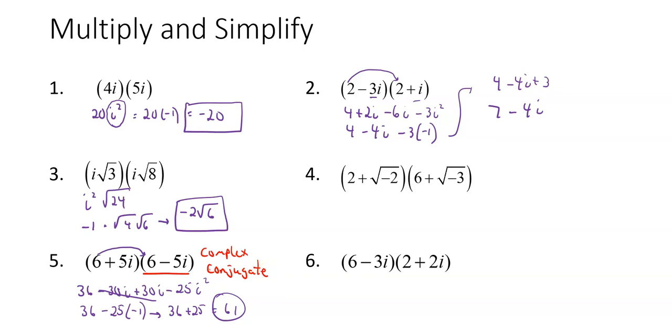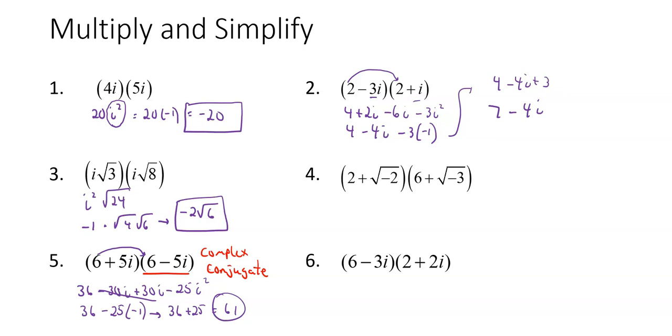If we had a 3 plus the square root of 5, we had a 3 minus the square root of 5, and that knocked out those square roots in the bottom. The same thing happens with imaginary numbers. If you want to get rid of the imaginary number, multiply by the complex conjugate, so replace that plus sign with a minus or a minus with a plus, and then when you multiply them together, you're going to get a real number for an answer. And so that idea of a complex conjugate is going to come back soon.